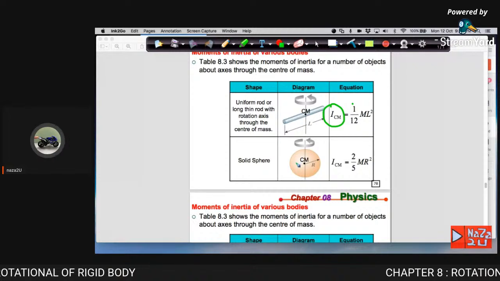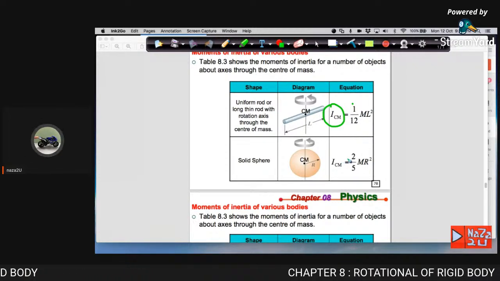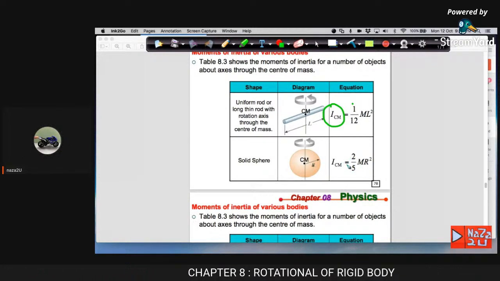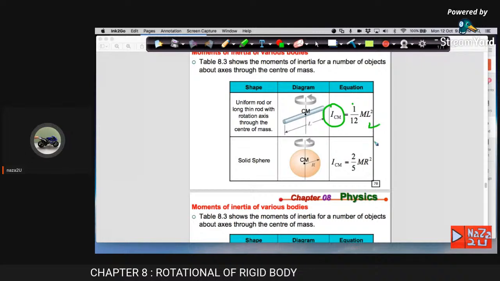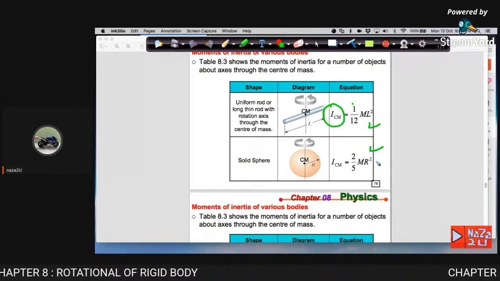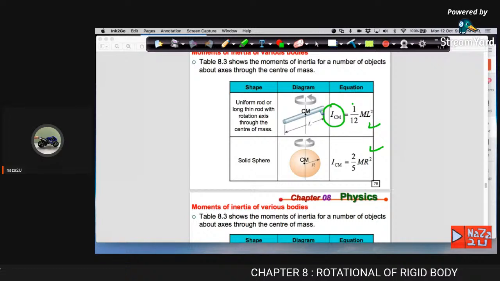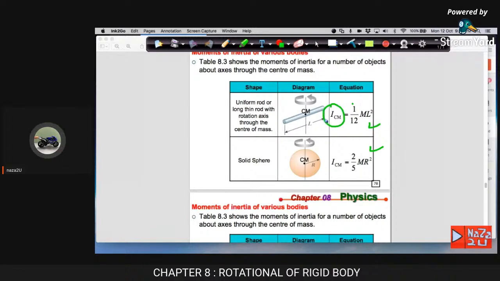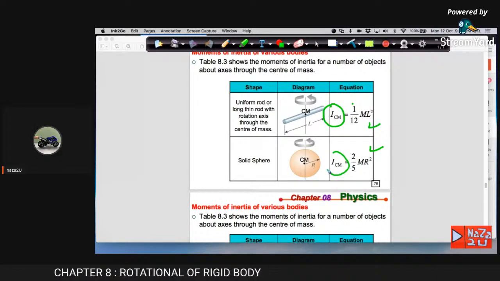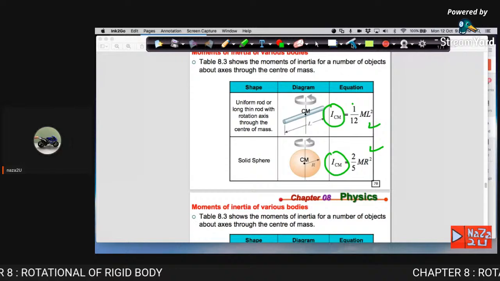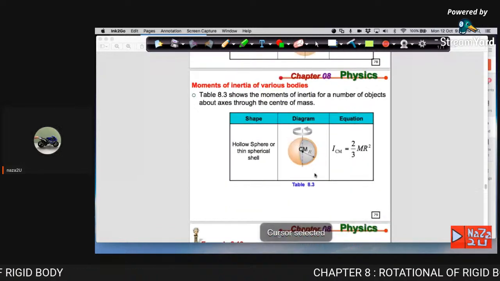Kalau dalam bentuk solid sphere macam mana? So 2/5 mass r square. Kalau dalam exam benda ni dia akan diberi. Okay, dia bergantung kepada jenis. Cuma kat sini dia tunjukkan bentuk yang berbeza mempunyai moment inertia yang berbeza. Okay, continue.